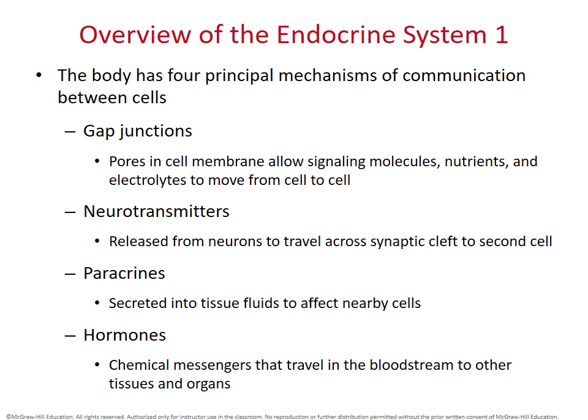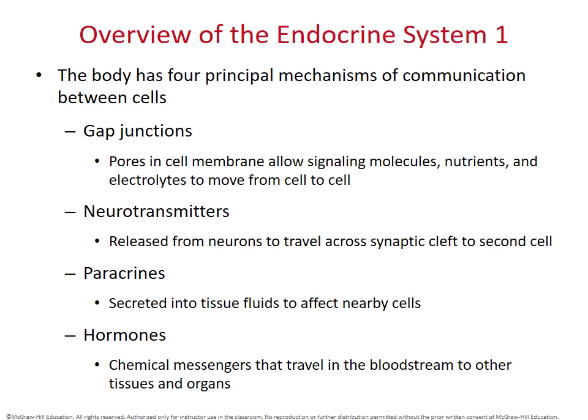A paracrine is a local regulatory chemical that is secreted not into the blood, but directly into tissue fluids. And the chemical then diffuses through interstitial fluids to nearby cells, having an effect on those nearby cells. We have seen some examples of paracrines, though we didn't use that term.